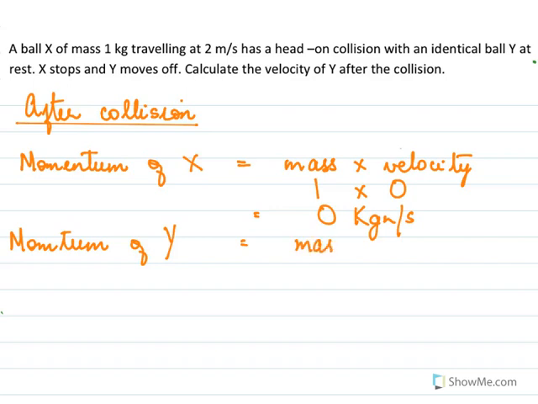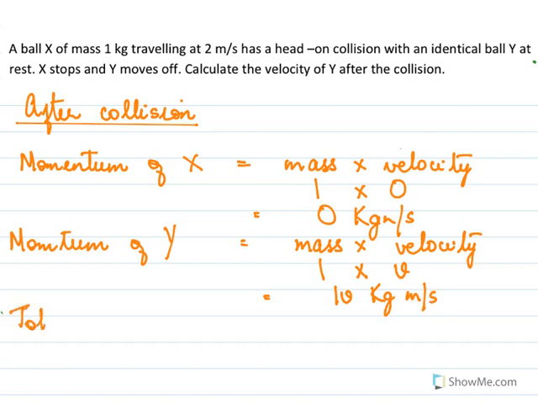Momentum of Y is mass into velocity. The mass of Y is 1 and we need to find the velocity of Y, so we put it as V. So momentum is 1 V kg meter per second.